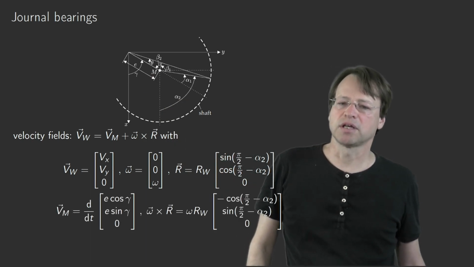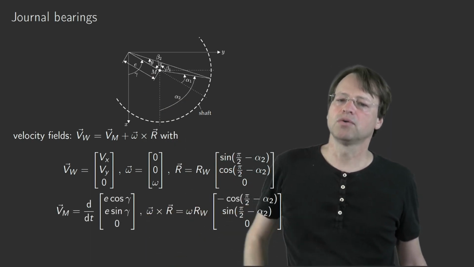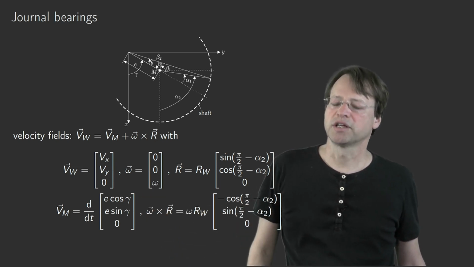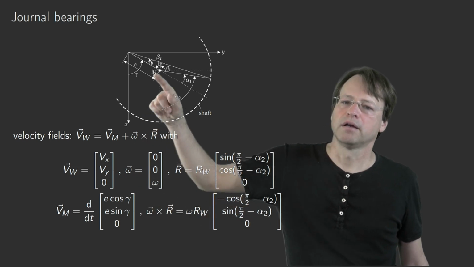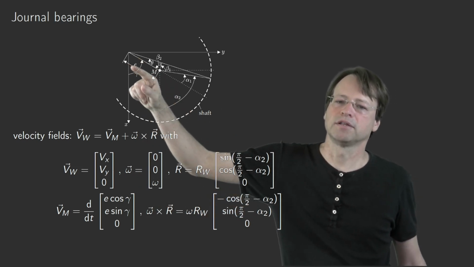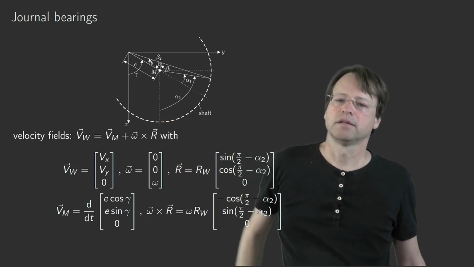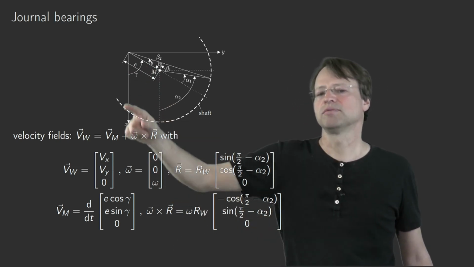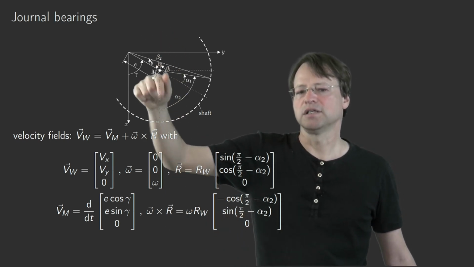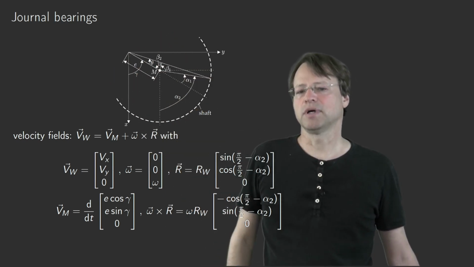Indeed, we have to take the time derivative of E cosine gamma and E sine gamma, which is the projection of the radial displacement and the circumferential displacement, so from the displacement of point M in the Cartesian directions in x and y direction.